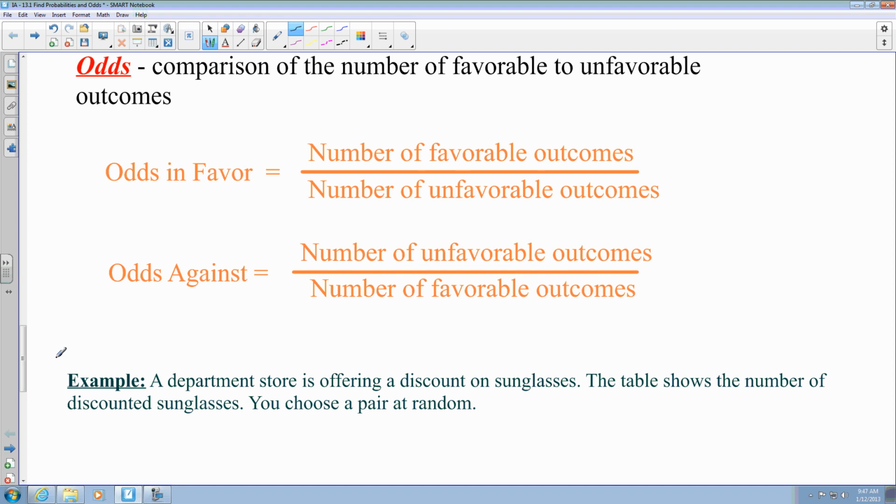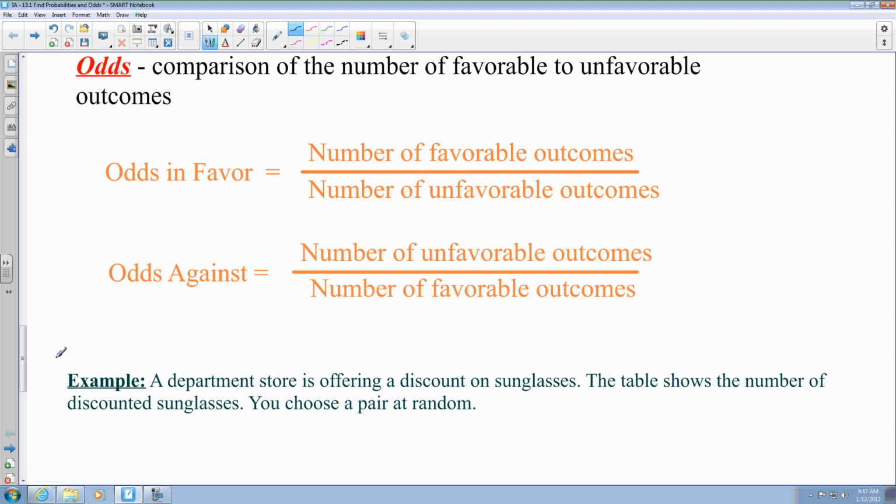The second portion here deals, like we had probability, now we're going to deal with odds. This is also broken up into 2 categories. You have odds in favor, and you have odds against. Odds in favor gives you the ratio of the number of favorable outcomes over the number of unfavorable outcomes. So that's a little bit different than probability.